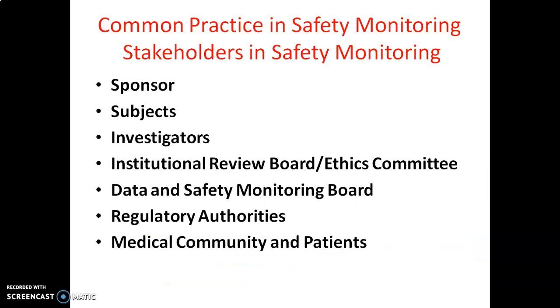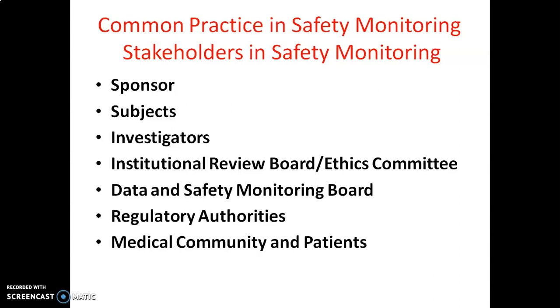So now I was talking about the stakeholders, because the sponsor will always be in association with the stakeholders in safety monitoring. We have different people over here: sponsors, then the subjects, investigators, institutional review boards or ethical committee, and the data and safety monitoring board, so that safety can be seen, and regulatory authorities, which I told about in the previous videos, country-wise, and international boards are also available, and the medical community and the patients.